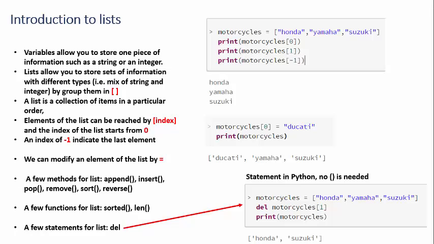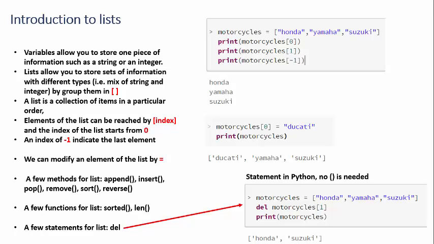Unlike our typical index in everyday life, where the index usually starts at 1, the first element is 1, the second one is 2, etc., elements of a list are always indexed from 0.